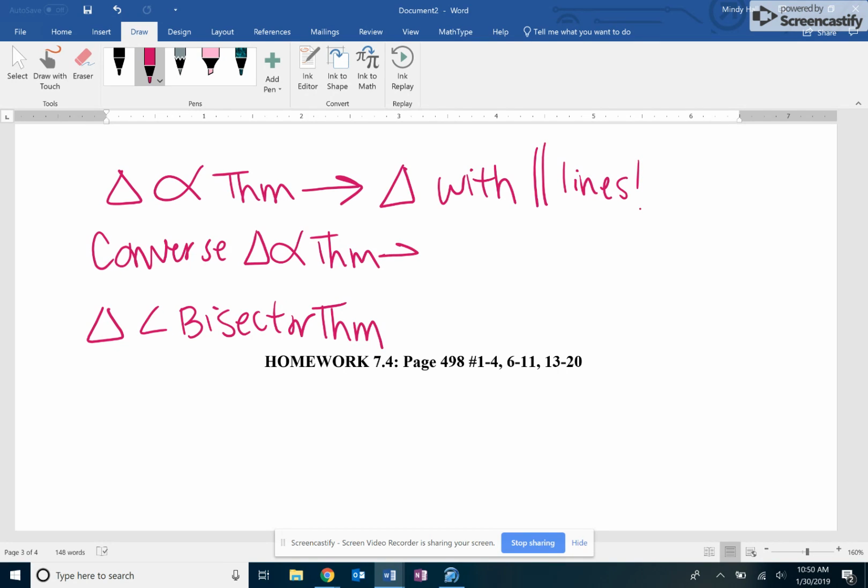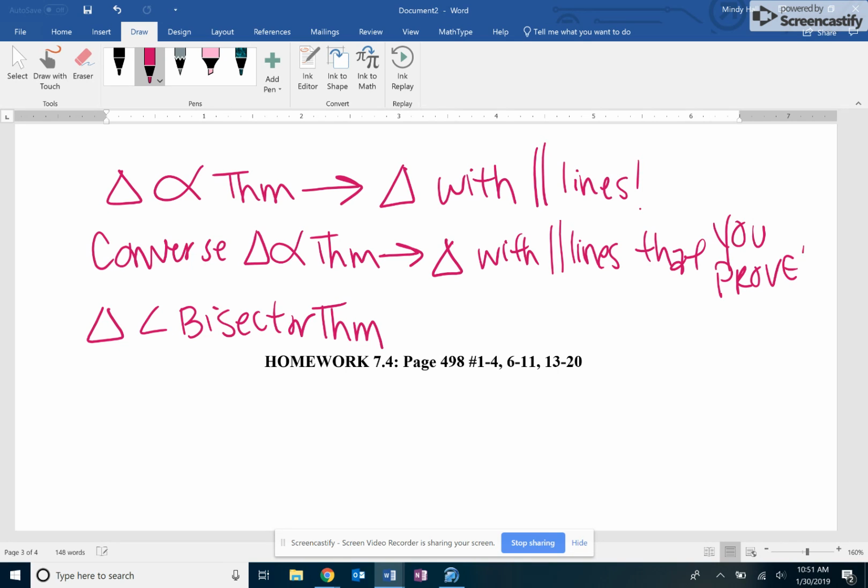With the converse triangle proportionality theorem, you are looking for a triangle with parallel lines that you prove. And then our triangle angle bisector is a triangle with a bisected angle.